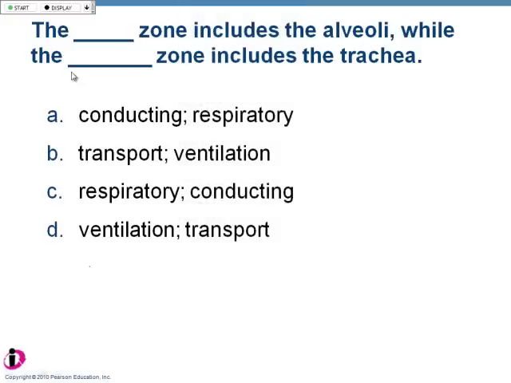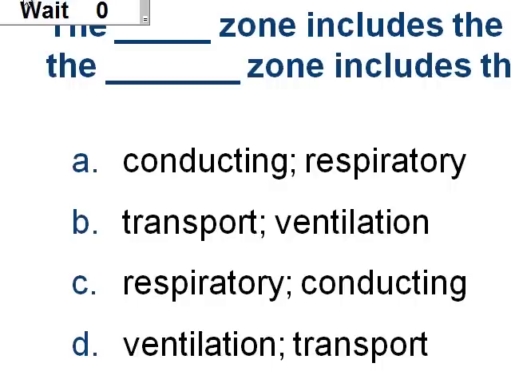All right, there we go. So A is the conducting and respiratory, B is the transport and ventilation, C is the respiratory and conducting, and D is the ventilation and transport.